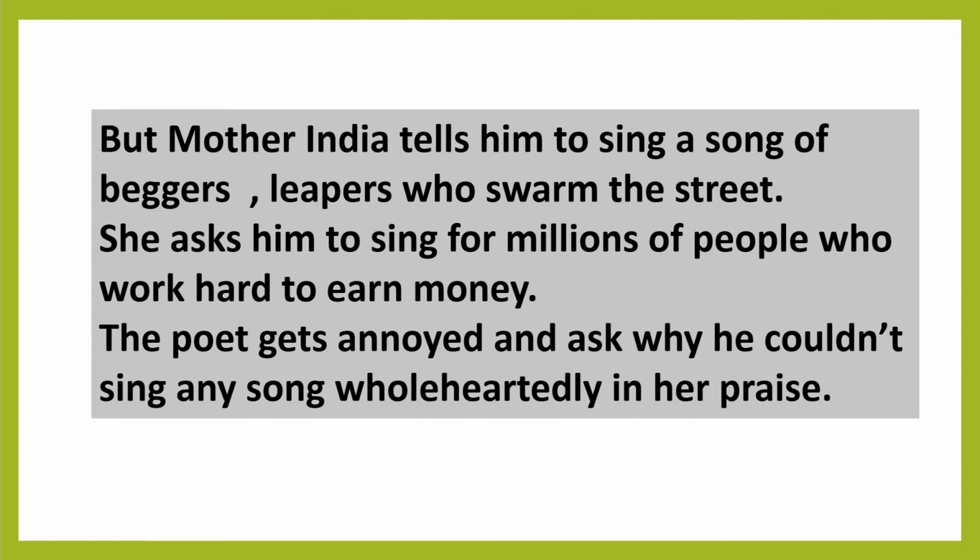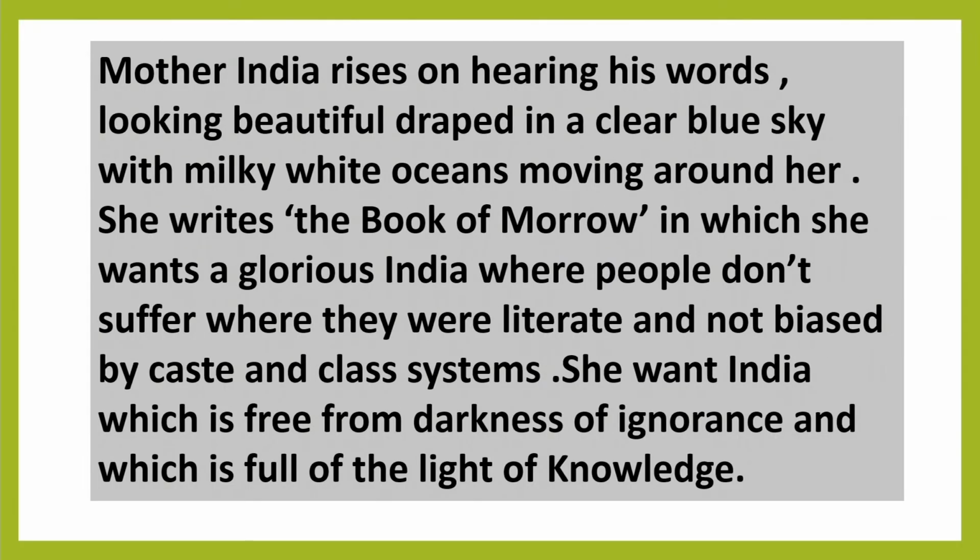But Mother India tells him to sing a song of beggars, lepers who swarm the street. She asks him to sing for millions of people who work hard to earn money. The poet gets annoyed and asks why he couldn't sing any song wholeheartedly in her praise.